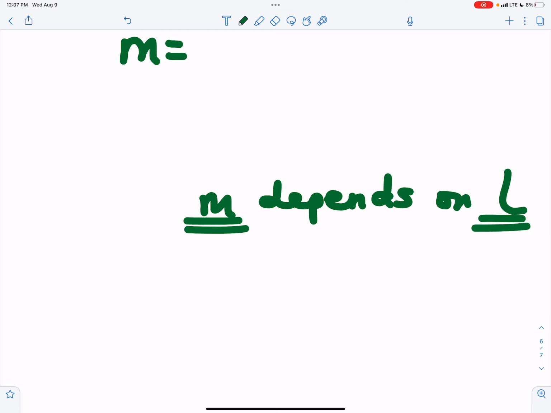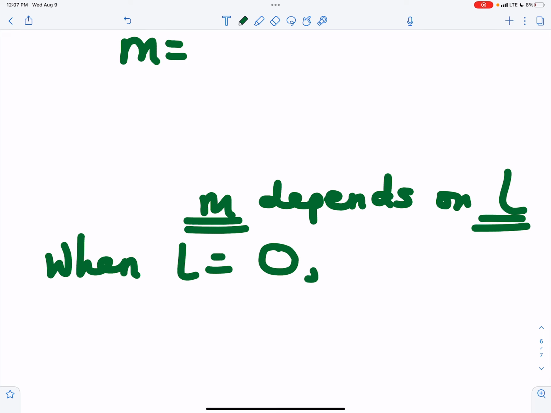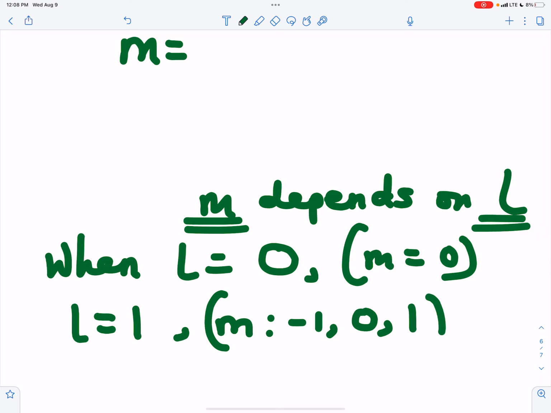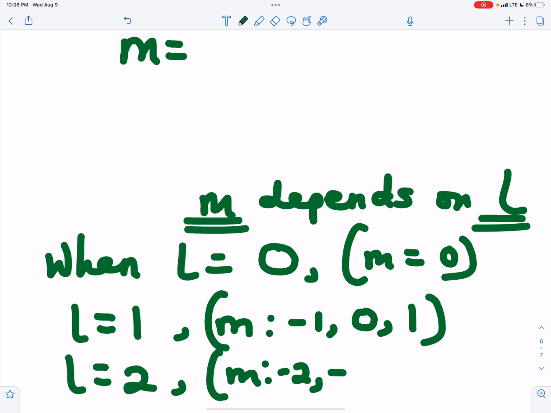Let me quickly recap. When L is equal to 0, M is equal to 0. But when L is equal to 1, M can be minus 1, 0, or 1. When L is equal to 2, M can be minus 2, minus 1, 0, 1, or 2.